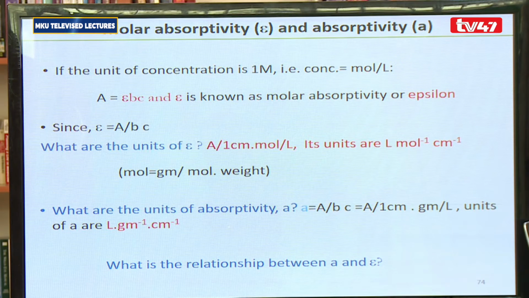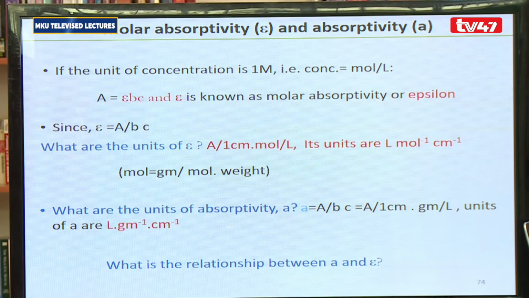What about absorptivity? Now, when concentration is expressed in grams per liter, not in moles per liter, we use absorptivity, A. And so now again, A is going to be equal to absorbance divided by the path length, which is 1 centimeter, divided by concentration in grams per liter.